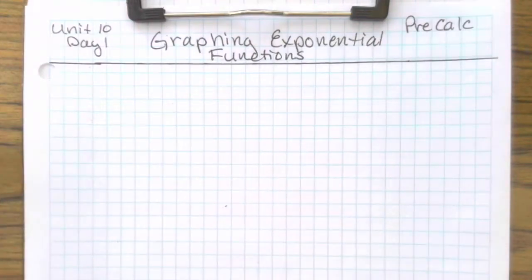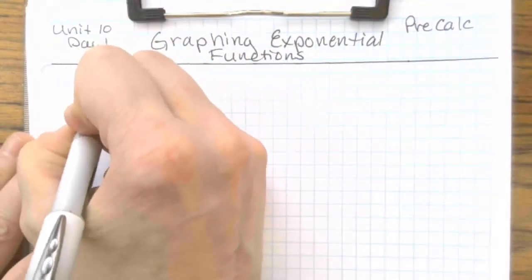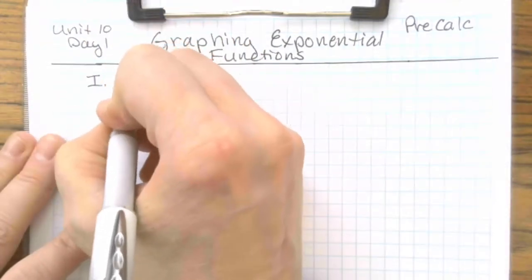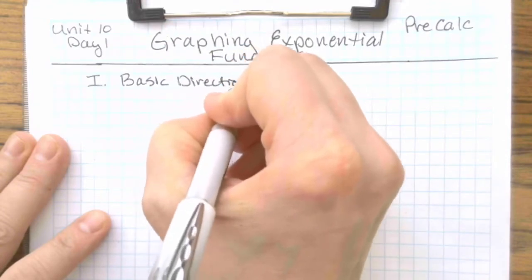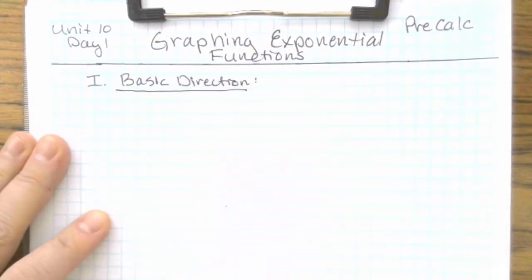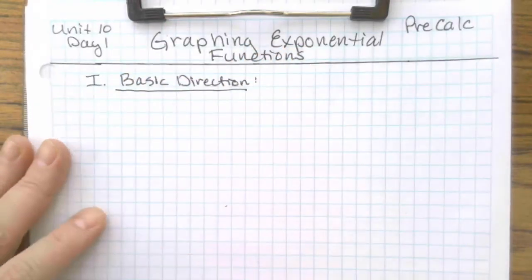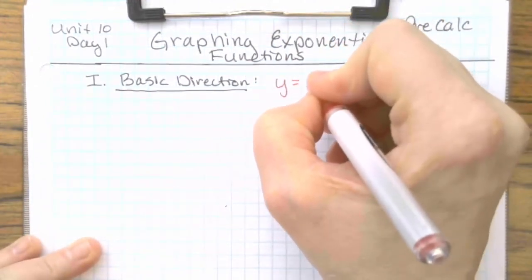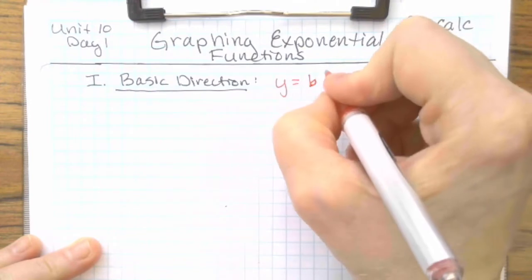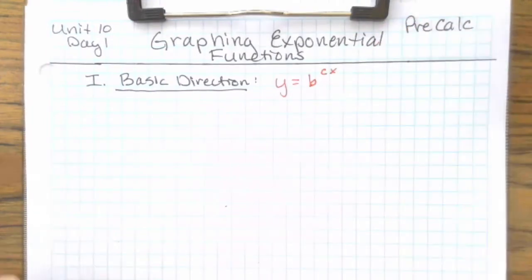So, graphing exponential functions. All right, we're going to start with basic direction. The generic formula we're going to use for basic direction is y equals some number b to the power of cx.